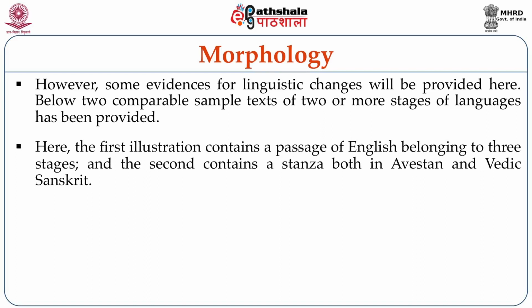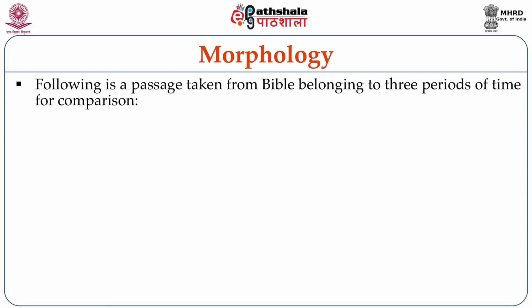The first contains a passage from English belonging to 3 stages, and the second contains a stanza both in Avestan and Vedic Sanskrit. Following is a passage taken from the Bible belonging to 3 periods of time for comparison. The students can read this and can see how languages change in the 3 stages.